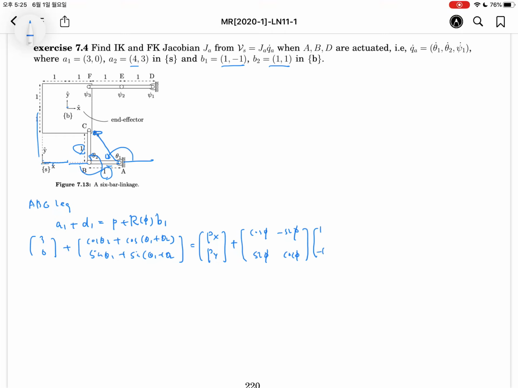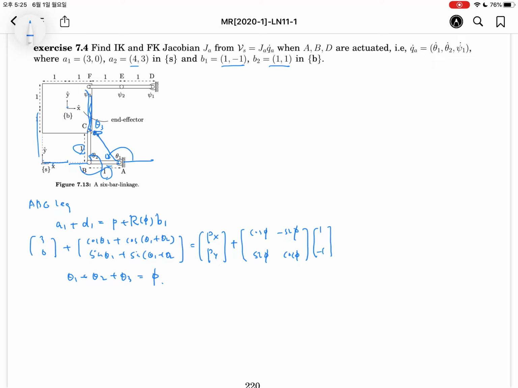And then B1 is equal to (1, -1). Like this, theta 1 plus theta 2 plus theta 3 will be equal to pi. Is it right? Theta 3 is the link 3, and maybe in this case the value is 0. This is theta 3. Okay.